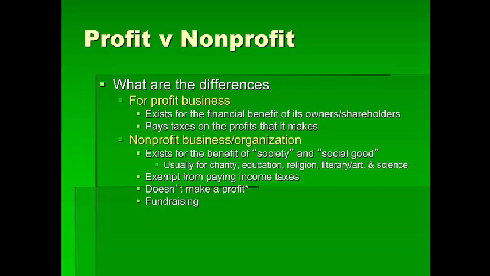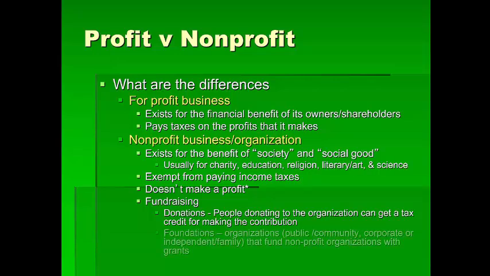How do they make money? Through fundraising, usually from donations. People can donate to an organization and get a tax credit for making a contribution. They can also have money given to them through foundations or from grants. Foundations are organizations.